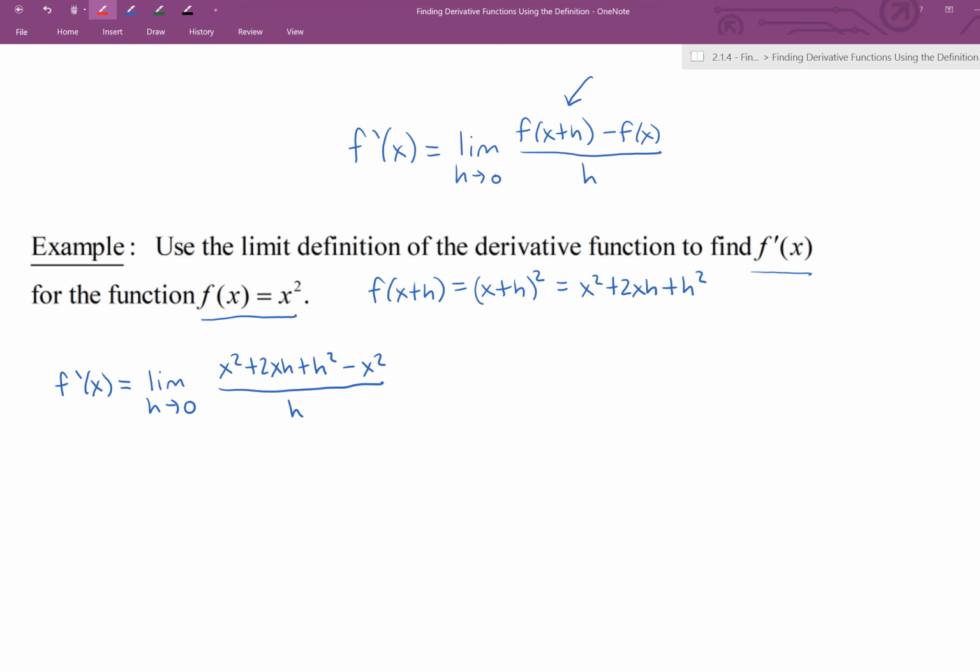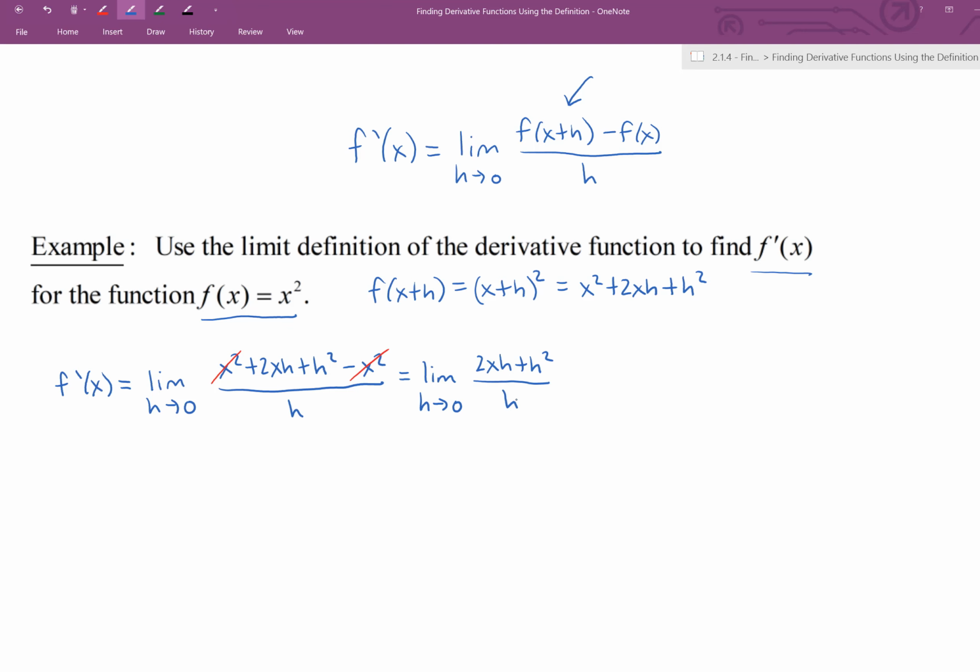One thing we immediately see is that x squared minus x squared disappears. So this is the same as the limit as h goes to 0 of 2xh plus h squared all over h. Now, as h goes to 0, numerator and denominator both go to 0, so we have that indeterminate form.